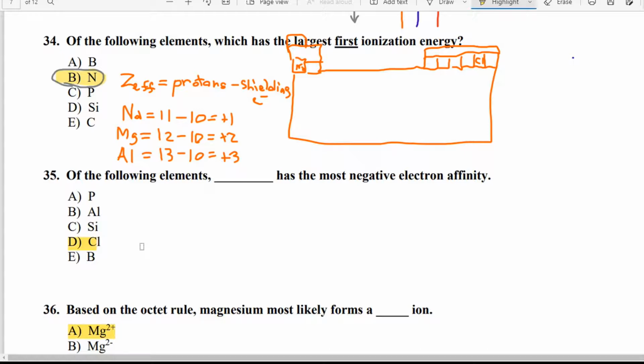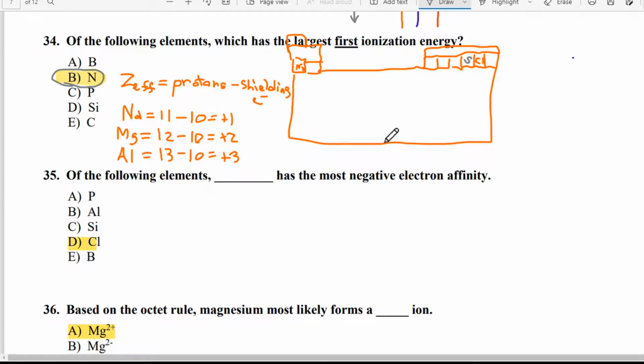If you were actually to have a table of electron affinities in front of you, you would see that, for example, sulfur here might have an electron affinity of like negative 200, and chlorine's going to have an electron affinity of negative 353 or something. You know what I'm saying?